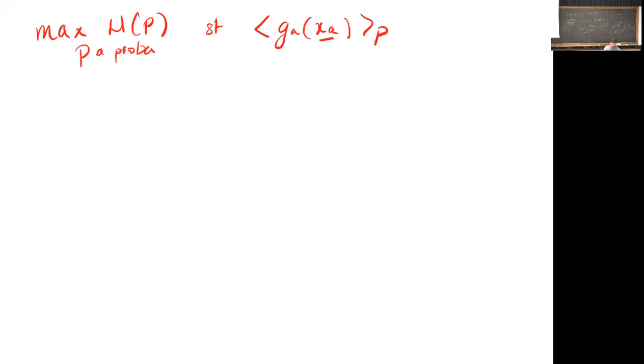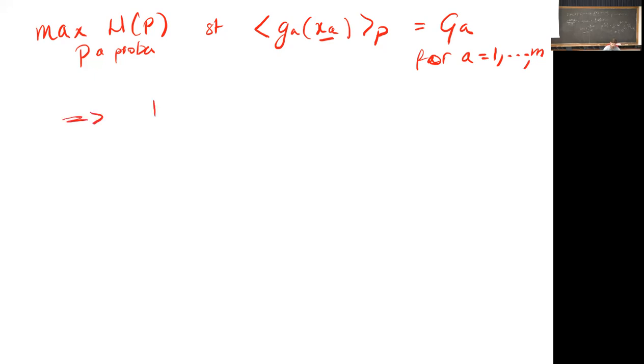If you consider maximizing the entropy under the constraints that the expectation with respect to this distribution of some function, let me call it g_A, is equal to some number, for A equal 1 to some number n. Then we don't need to do again the computation.